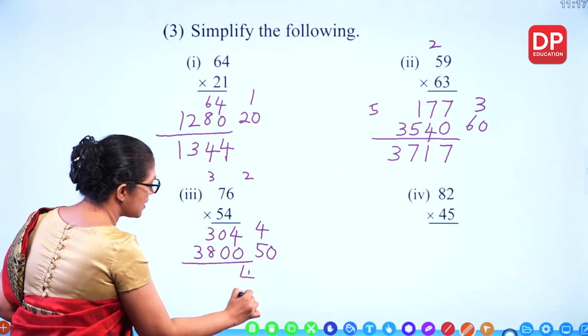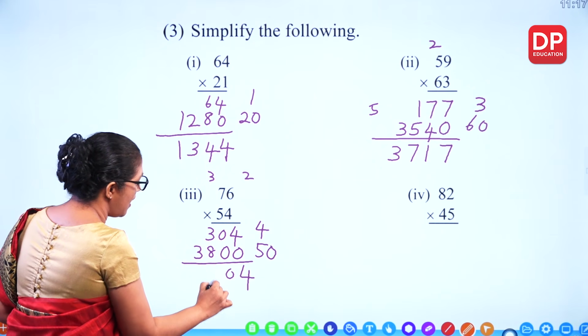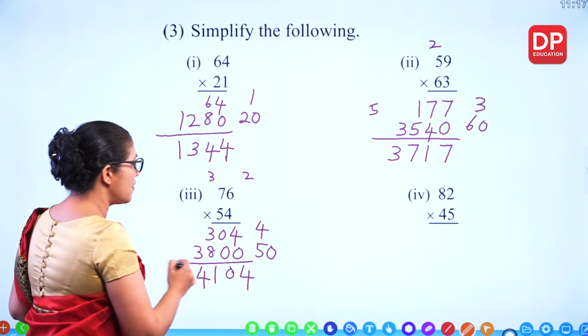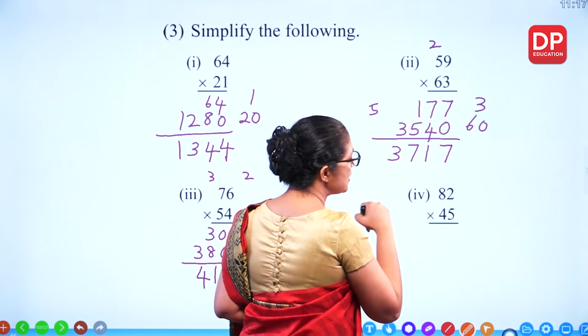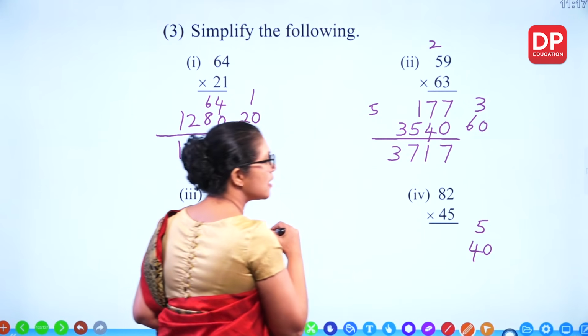When you add it, you get 8 plus 3, 11 and here 4. 4,104.